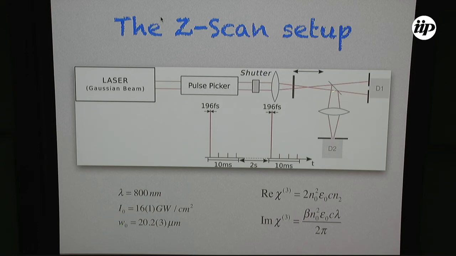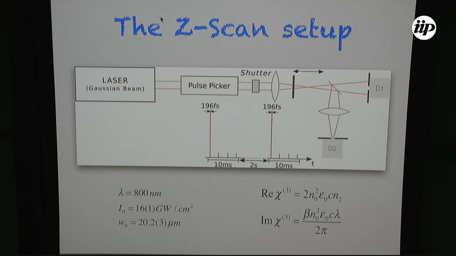W0 is mainly the radius of the beam at the focus. You don't have a point at that position, but you have something which is small and goes higher. The dimension is about 20 microns, the radius of the beam at the focus position.